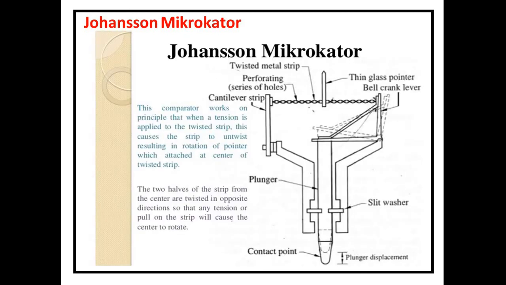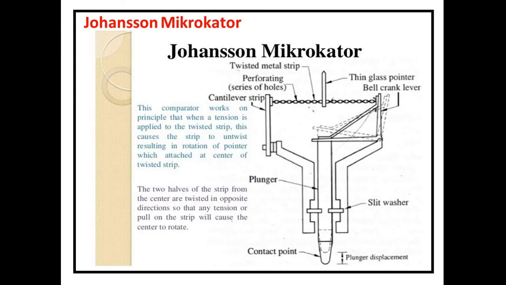Now this is the actual, somewhat more complicated diagram, but it is easy to understand. That's why I have posted it here. You can see this is the plunger, and this plunger is going to move. One dotted position is shown and one direct position is shown. This is nothing but the plunger displacement.